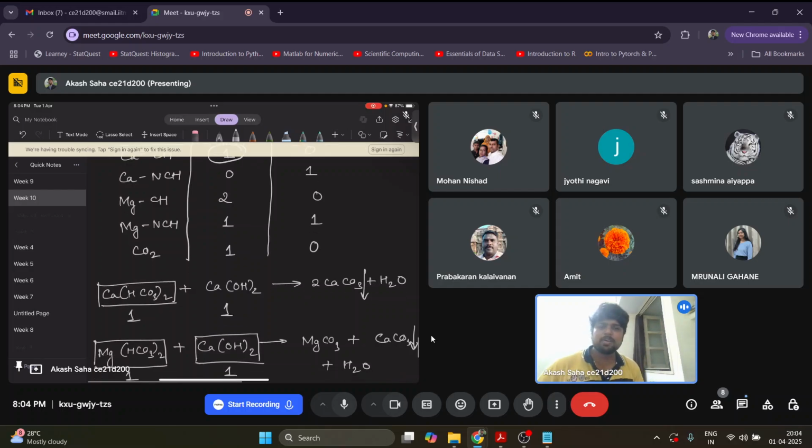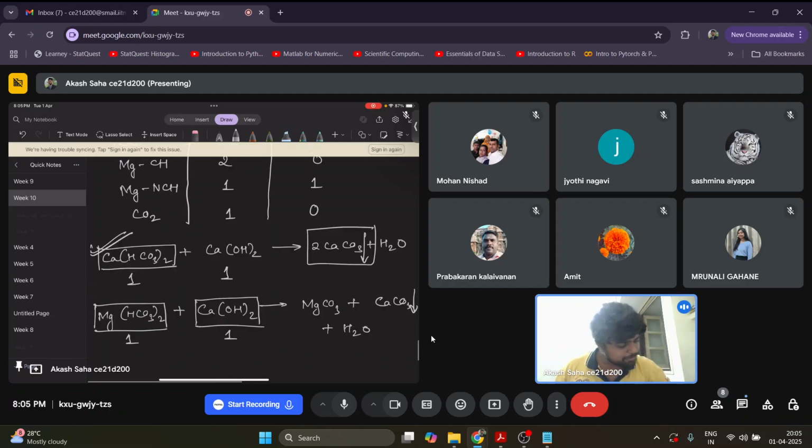Is it matching with our coefficient for magnesium carbonate hardness? No, right? So what is the problem here? Can someone identify? The problem is that in the case of calcium hardness, calcium non-carbonate and calcium carbonate hardness, everything is getting precipitated as CaCO3 and removed from the system, so we have treated the calcium hardness.